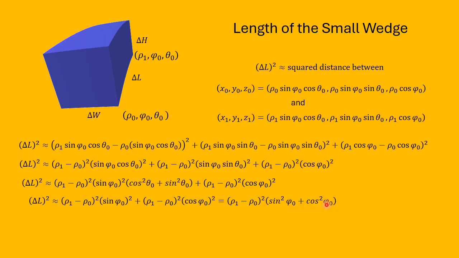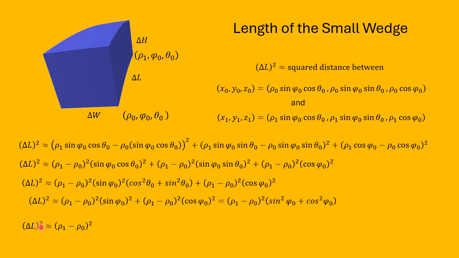Well, when you look at this, sin² φ₀ plus cos² φ₀, that's just 1 again, isn't it? And so this just simplifies to this square times sin² φ₀ plus this thing squared times cos² φ₀, as we had here. This, I already told you, is equal to 1. And so this times 1 just gives us (ρ₁ − ρ₀) squared.